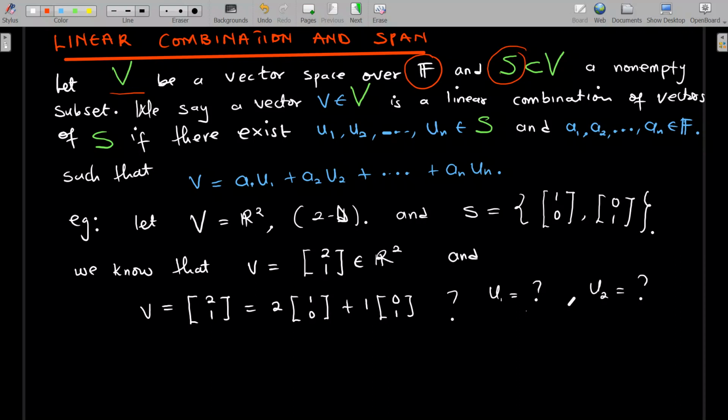We say that a vector v, which is in the vector space, is a linear combination of vectors of this set if there exist some vectors in the set.